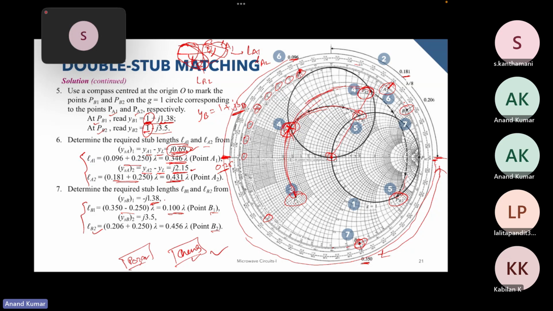So we have discussed all the narrowband techniques. There are some wideband techniques present. There's one important, interesting and very popular theorem there, which is called the theory of small reflections.